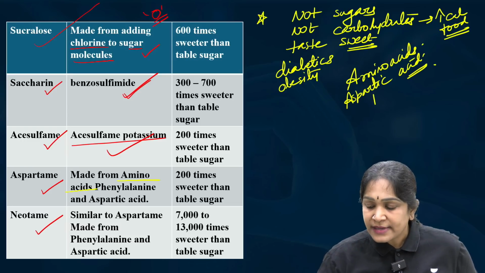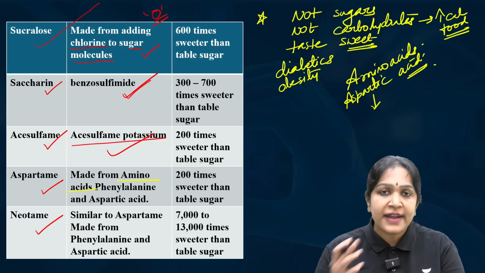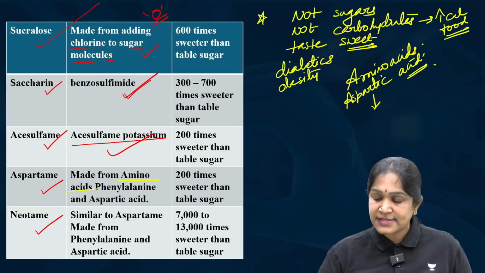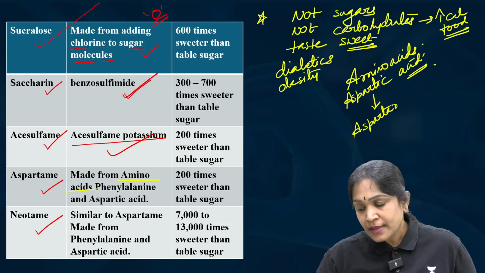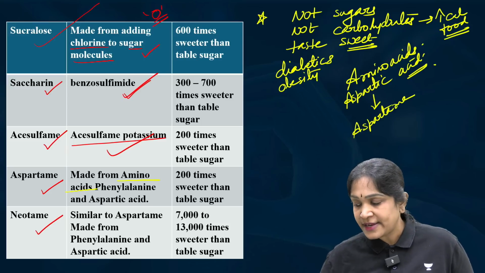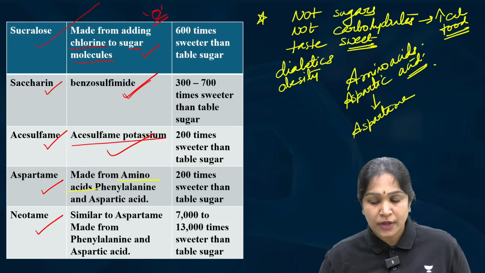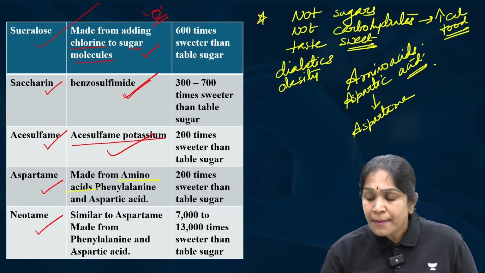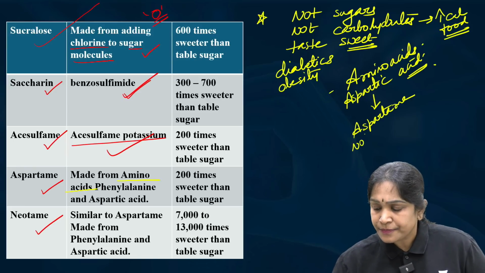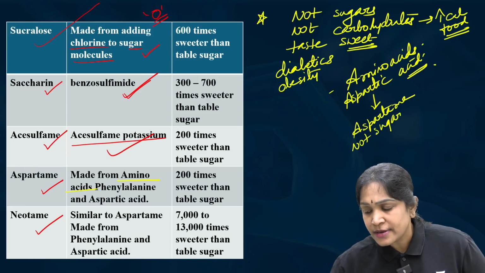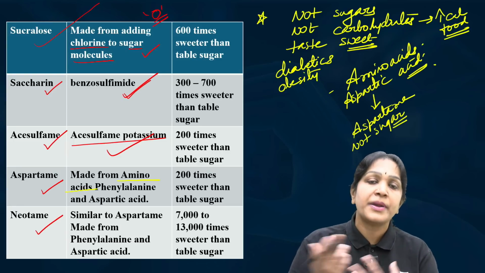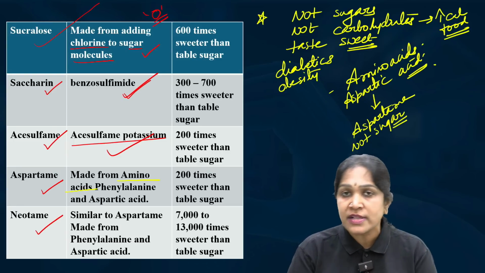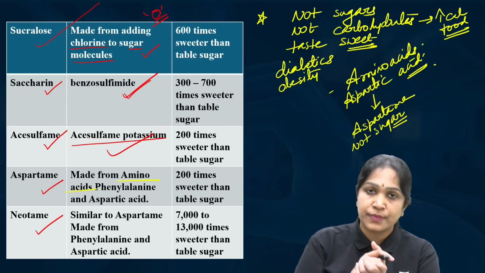A little modified version of aspartic acid is aspartame. Okay, so this is an amino acid. It is not a sugar. It is an amino acid. So it cannot lead to diabetes. It cannot increase the sugar levels in the body, but it will taste sweet.